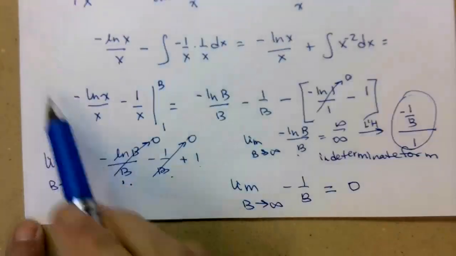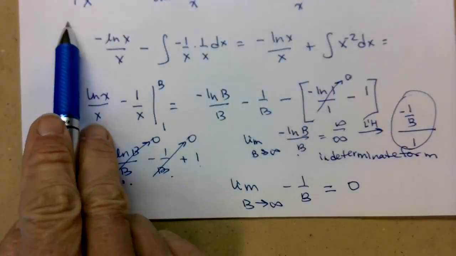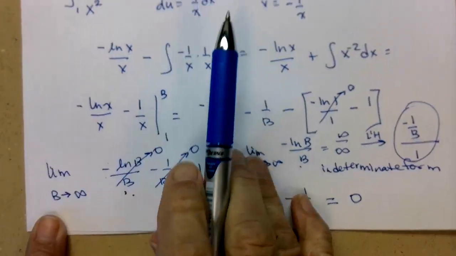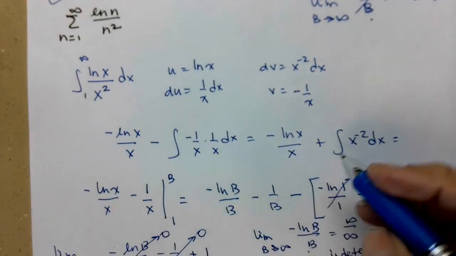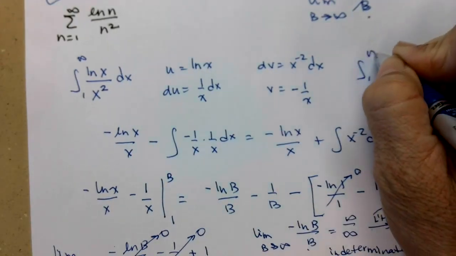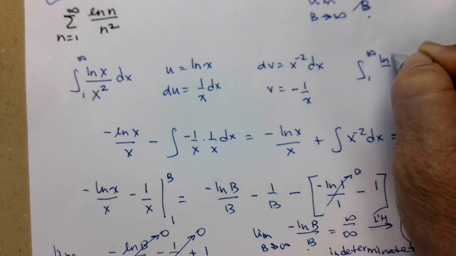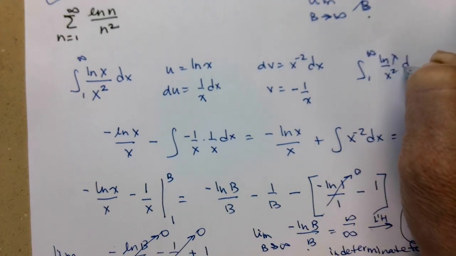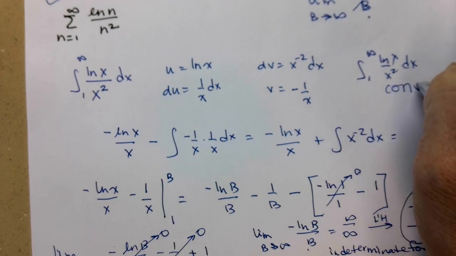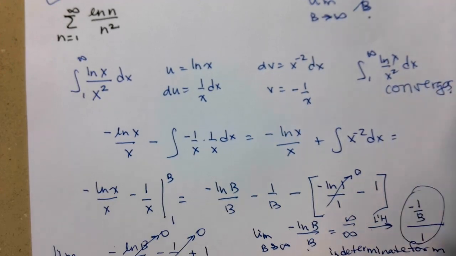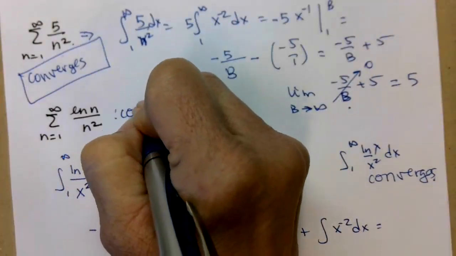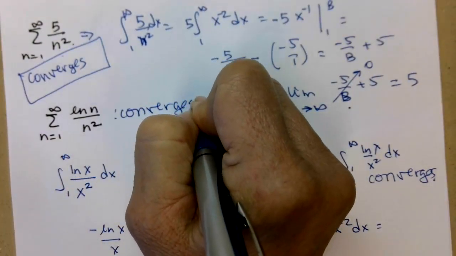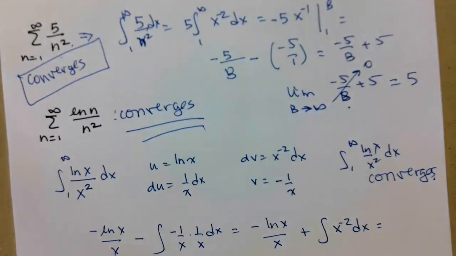So this whole business up here, my improper integral converges to 1. And if the integral converges, then the series converges. It probably does not converge to 1, but it will converge.